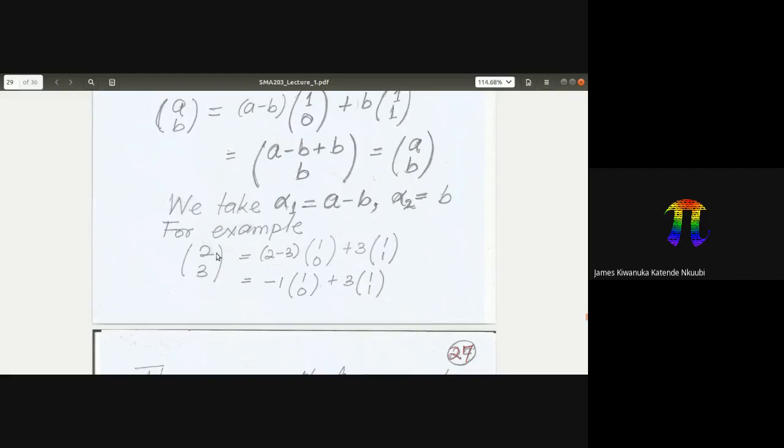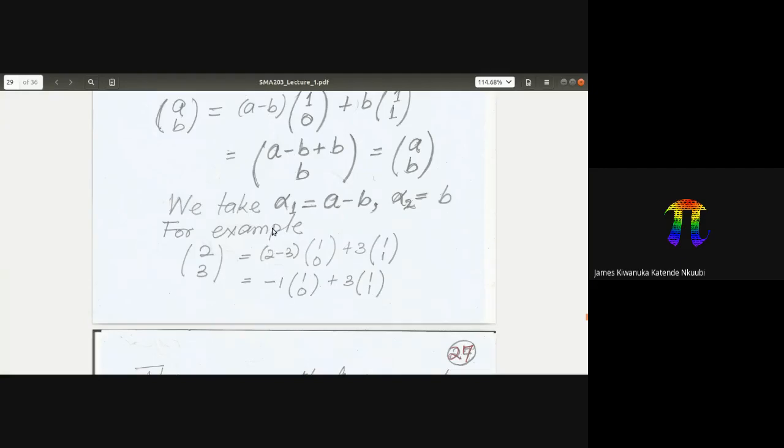So as an example, if we take the vector (2, 3), we'll be able to write it as a linear combination of (1, 0) and (1, 1). We use these coefficients. Alpha 1 will be A minus B. So if A is 2 and B is 3, alpha 1 is 2 minus 3. And alpha 2 will just be B, so alpha 2 will be 3. You can check that (2, 3) is indeed equal to minus 1 multiplied by (1, 0) plus 3 multiplied by (1, 1).